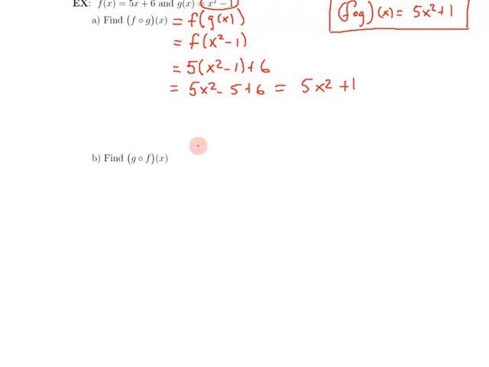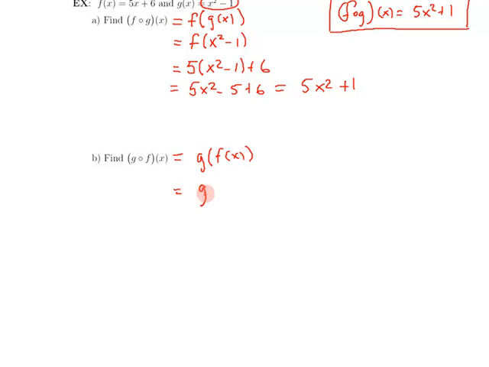In example B, we're looking at finding g composed with f. It's the backward question, right? Above we were looking at f composed with g. Now we're finding g composed with f, and realize this is a different question. Instead of asking for g to be plugged into f, we're going to find what is g of f of x.